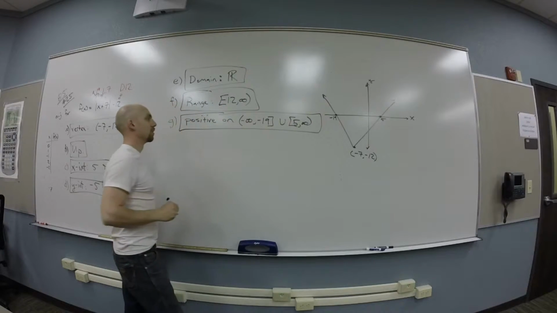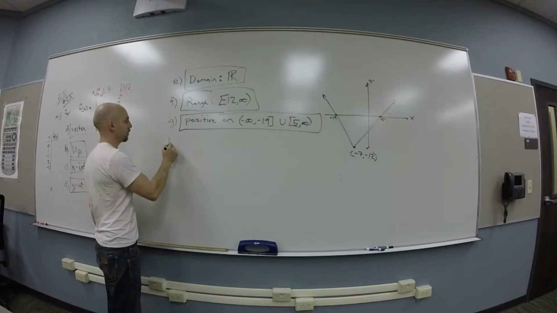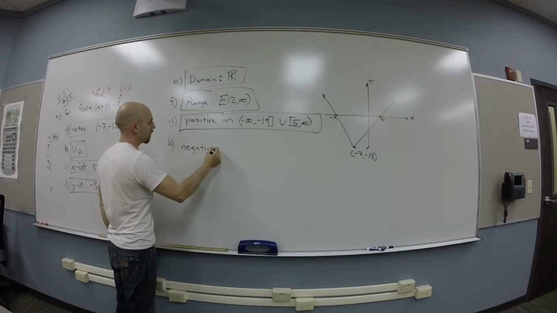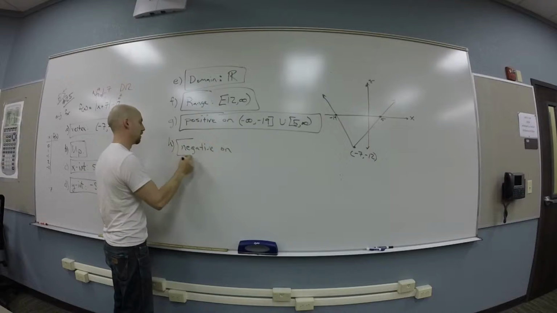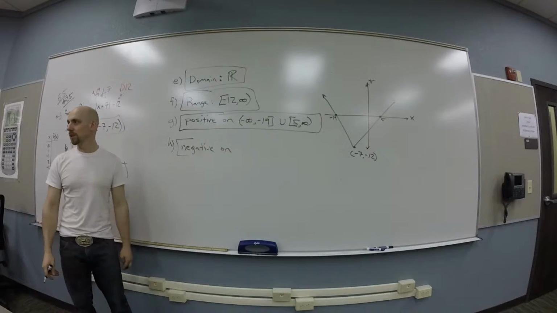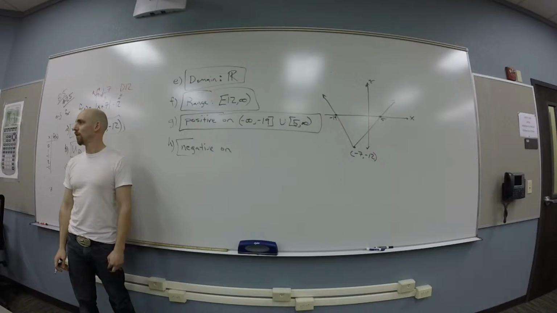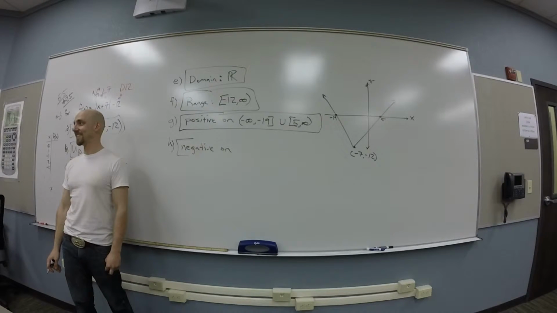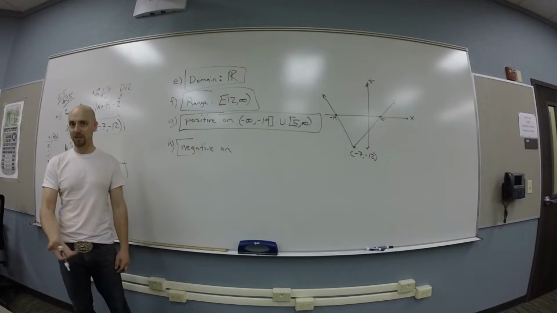Okay, so there's G. H is negative. So negative on, what would the laziest way to phrase this be? The laziest correct way to phrase it: on the rest. Because if it's not positive, it's negative.